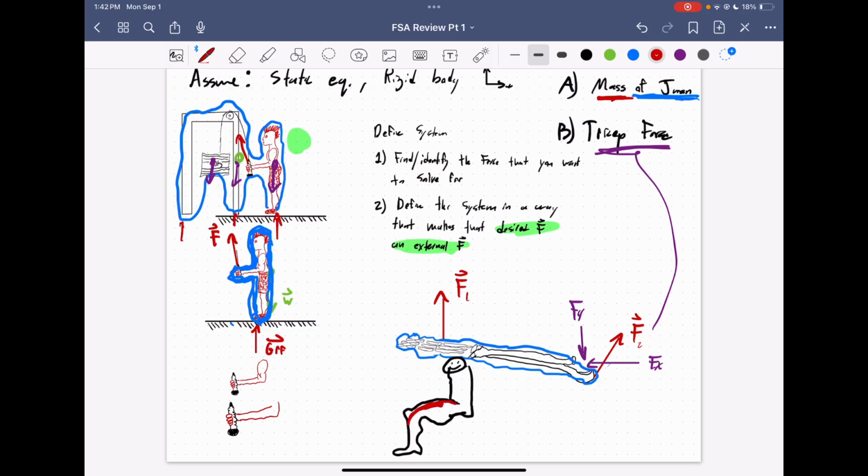If you have the muscle here, if the entire thing is in your system, if any muscle is entirely in your system, the forces cancel out. So if you want to look at any muscle, you kind of have to cut it off at one side. And then you know that that gives you a force here.